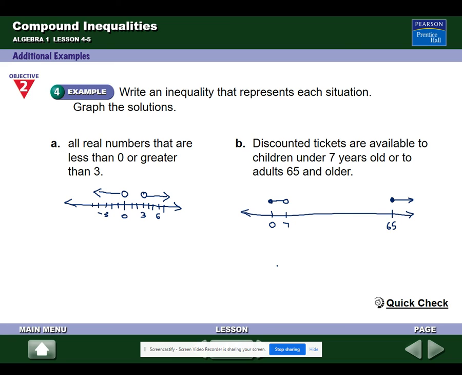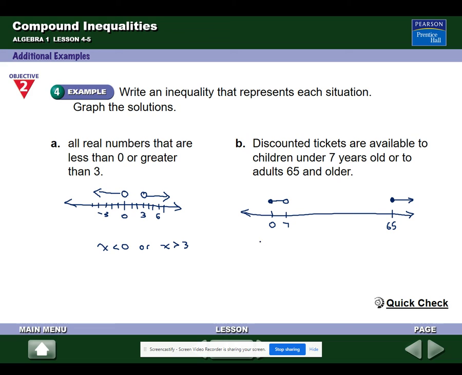Okay. Now, I graphed them first, and you can do it in either order. I thought that maybe the visual would help us to write the inequality. So the inequality here would be x is less than 0, must use the word or, x is greater than 3. Whereas the inequality here, very interesting, I think, would be the interval. And I don't mean to be confusing here, and I wish maybe there was another example we could have done kind of intermediate to this.